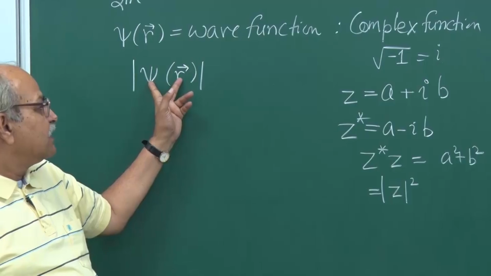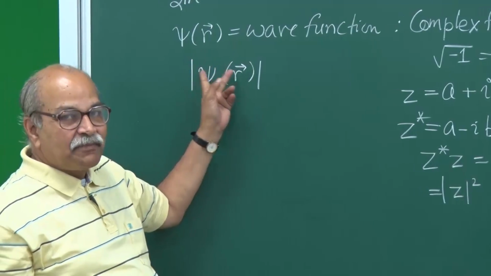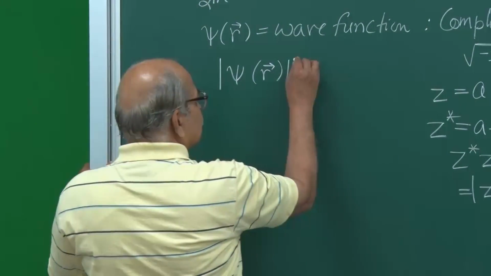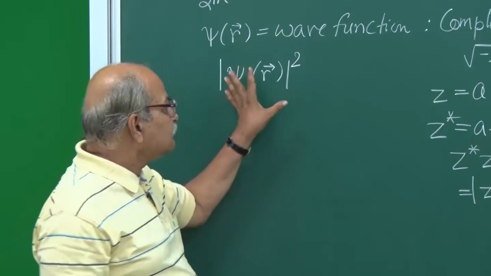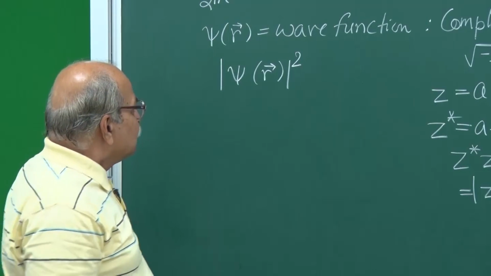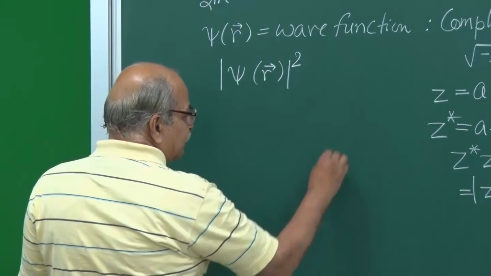If you have this psi, it could be complex, take the complex conjugate, multiply by it, and this whole thing is mod square of psi of r. Okay.